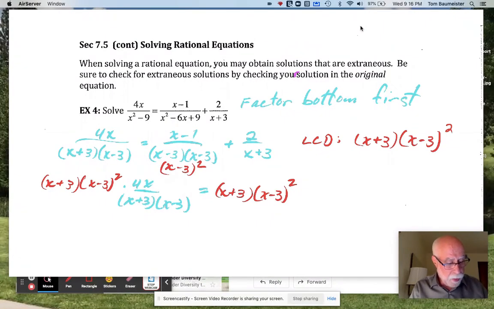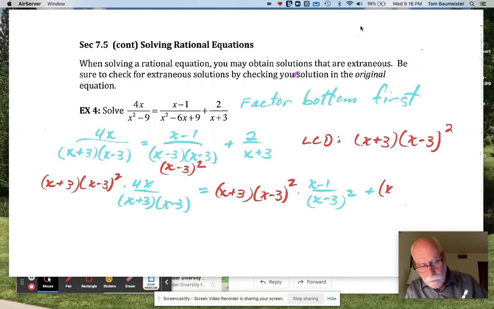And I'm going to multiply that to our x minus 1 over, and let me go ahead and leave it as x minus 3 squared here so you can see it easier. Then we'll have plus, again, let's do it one more time this time. And then I'll have my 2, and I have x plus 3.